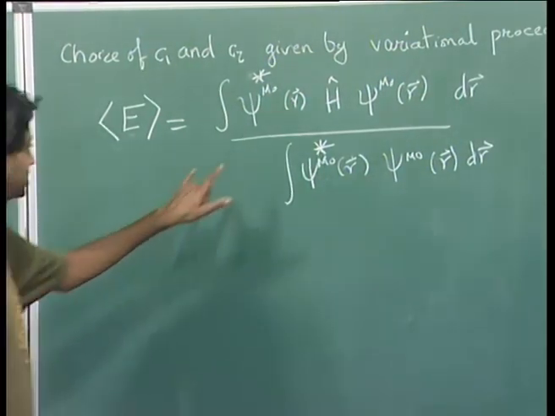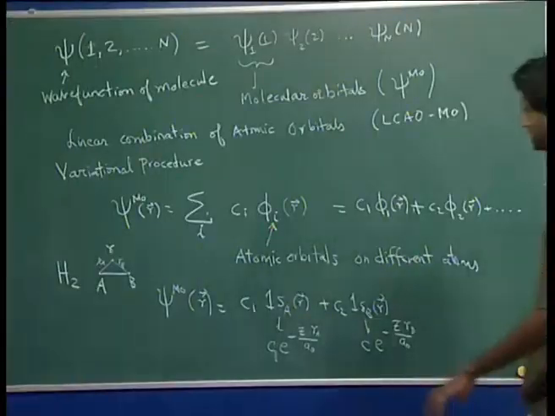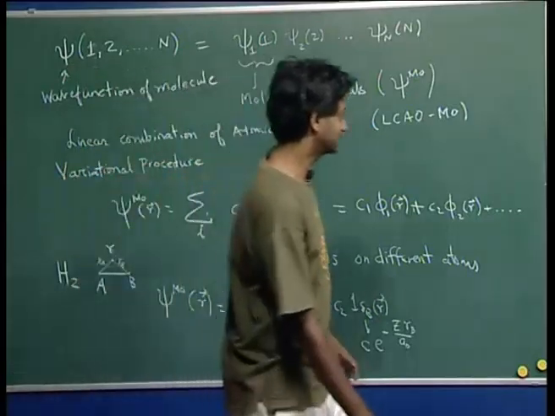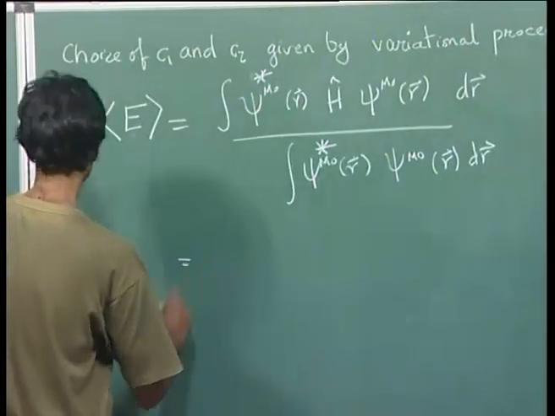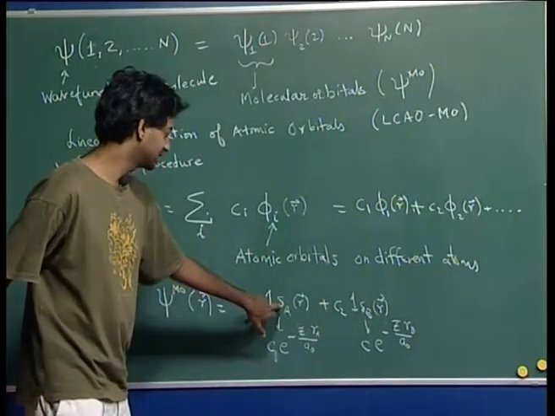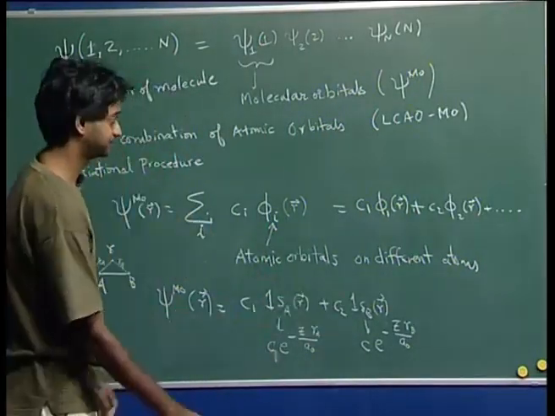Now wherever I have psi MO, I substitute this value, and if I go ahead and do that, then here I have C1 1sA plus C2 1sB.